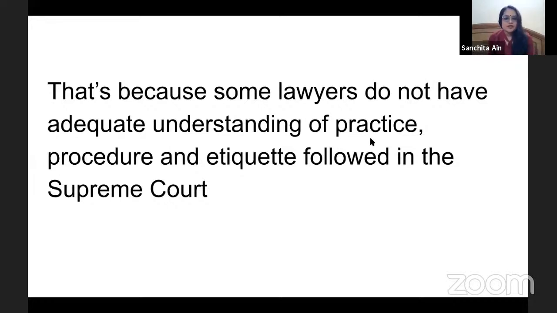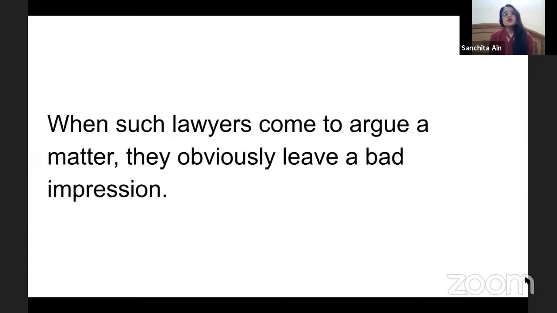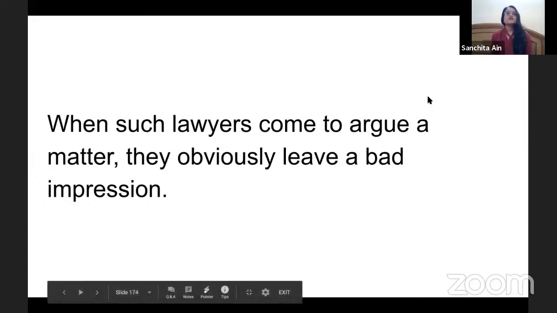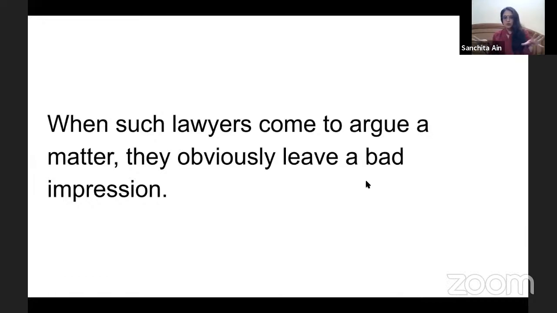When such lawyers come to argue a matter, they obviously leave a bad impression, right? And judges and lawyers in the Supreme Court are not used to seeing such. You see, it's all more or less perfect, right? Everyone's on time, everything is happening in order, etc. So they're not used to it. It's like this.